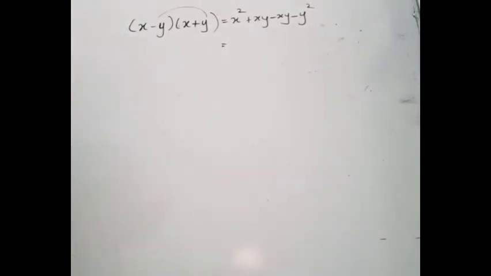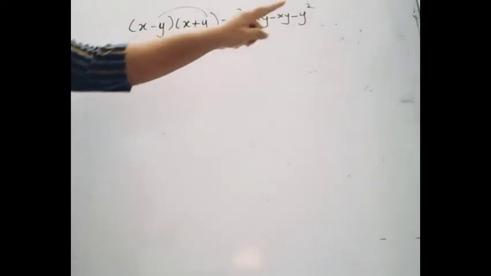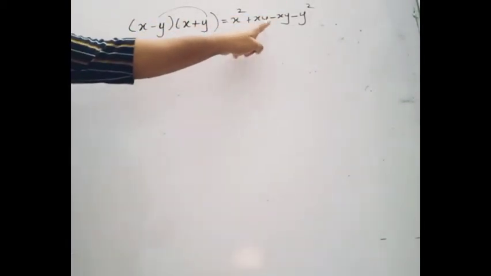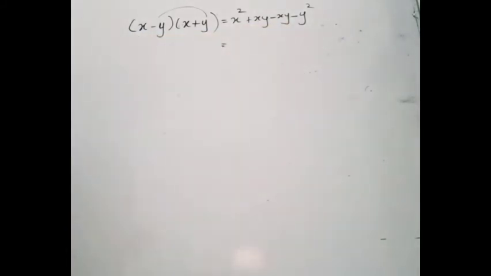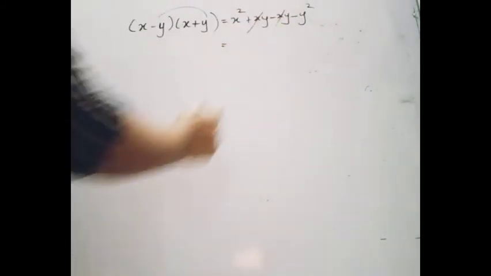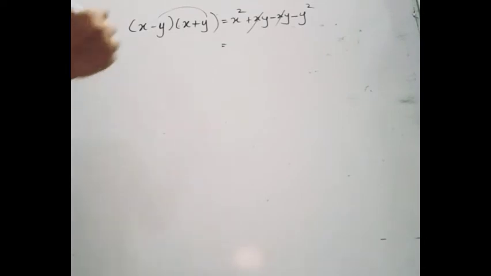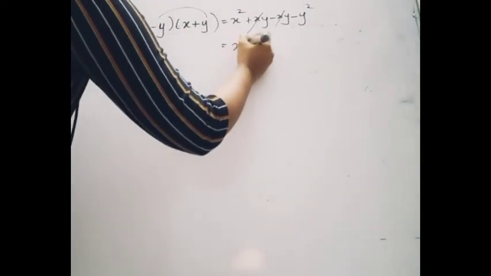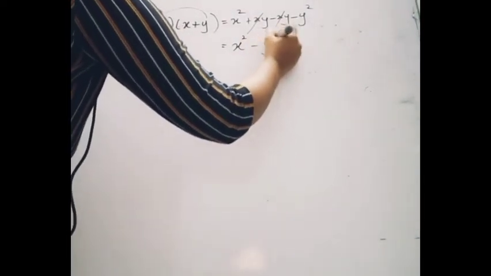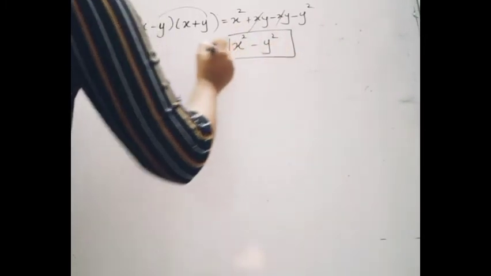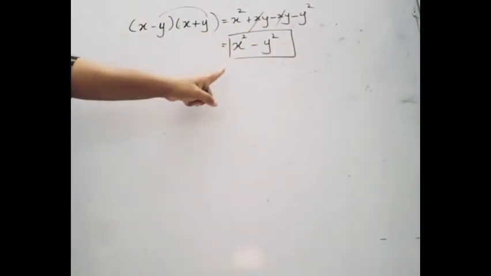When you simplify, these two are like terms, but one is positive and the other is negative, so they get cancelled off. The remaining ones are x square minus y square. Am I right? So this is what we are going to learn today.